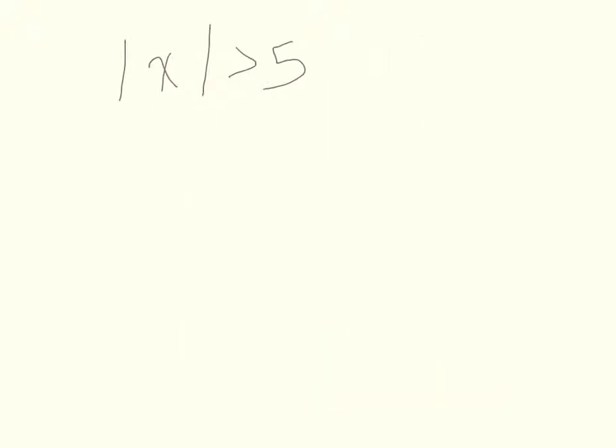So what if I have the absolute value of x is greater than 5? Now you notice my emphasis on the greater. So with absolute value problems, I'm going to emphasize the or when I'm looking at a greater than sign.